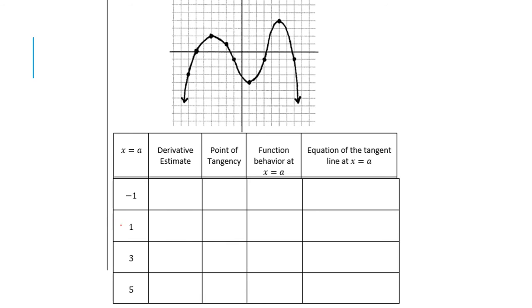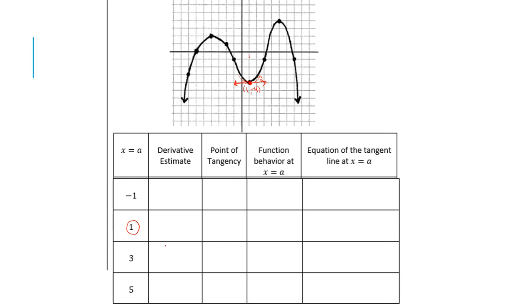So the one problem that I would like to go over is when x is equal to 1. In this case, this is a special point because my function is switching from increasing to decreasing at this point.